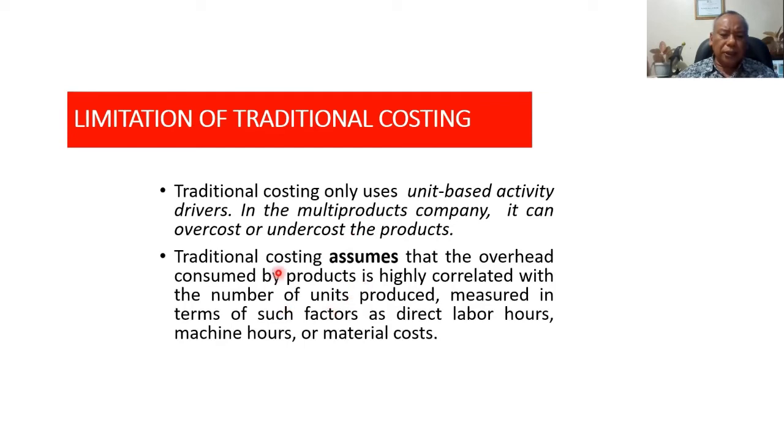Traditional or functional-based costing assumes that the overhead consumed by products is highly correlated with the number of units produced, measured by such factors as direct labor hours, machine hours, material cost, direct labor cost, or units produced.